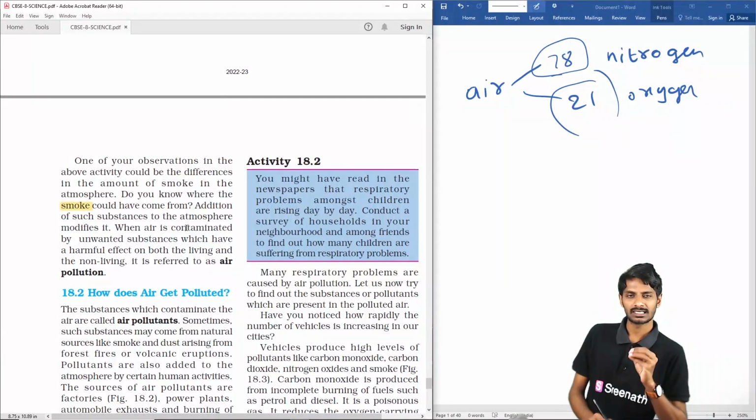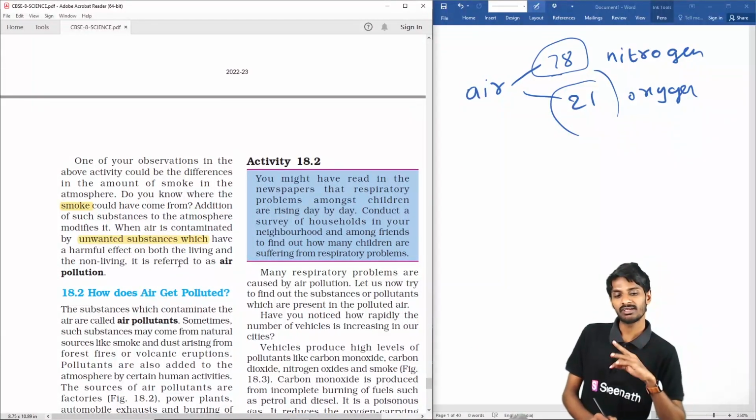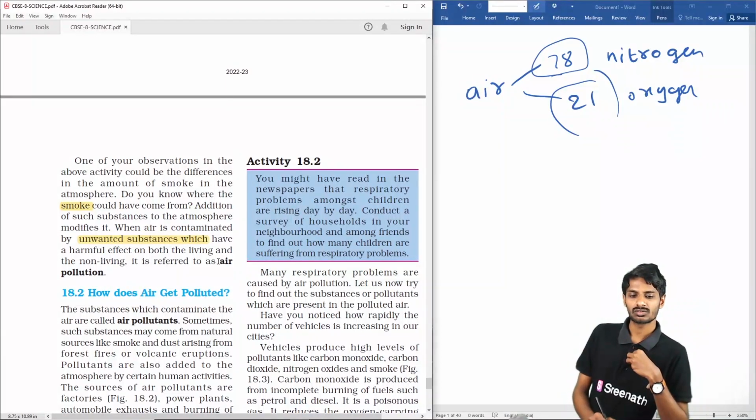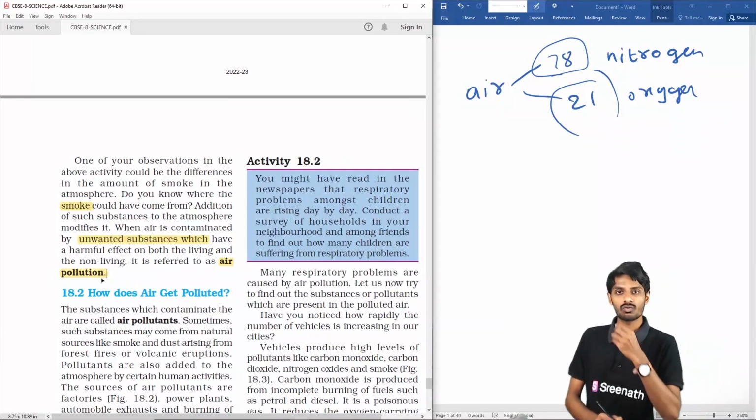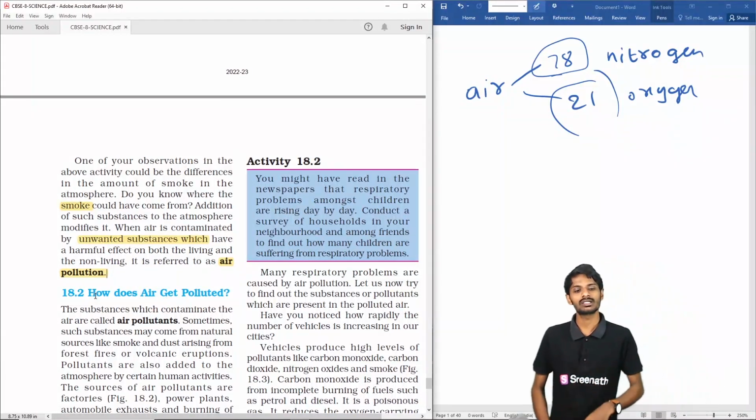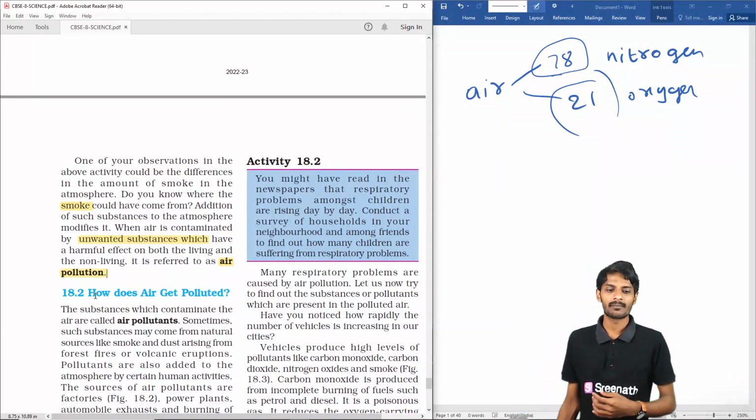When air is contaminated by unwanted substances which have a harmful effect on both living and non-living things, it is referred to as air pollution.